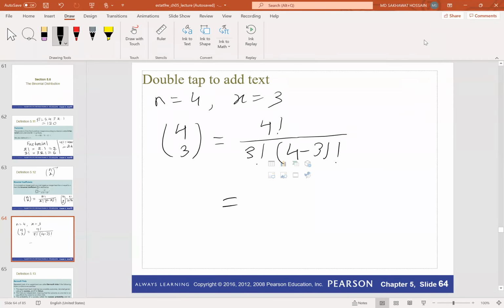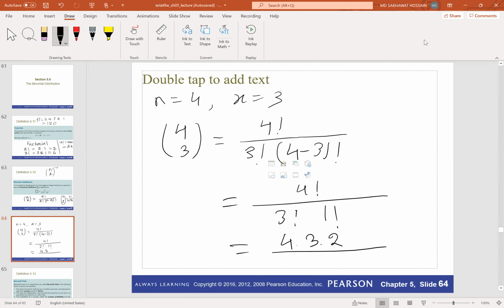The 4 factorial is 4 times 3 times 2 times 1, and this is 3 factorial, and 4 minus 3 is 1 factorial. So it will be 4 times 3 times 2 times 1, and 3 factorial means 3 times 2 times 1, and 1 factorial is just 1. Now we can cancel out the 3 and the 2, so it will be just 4.